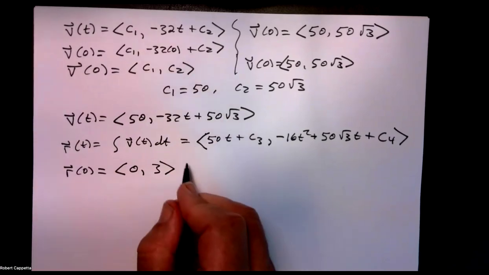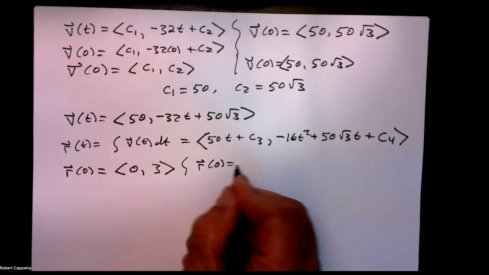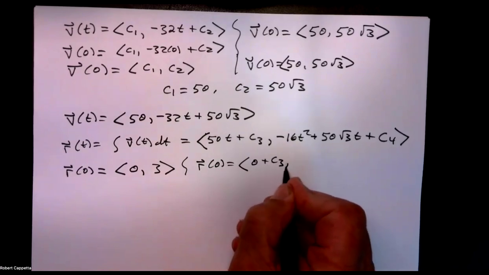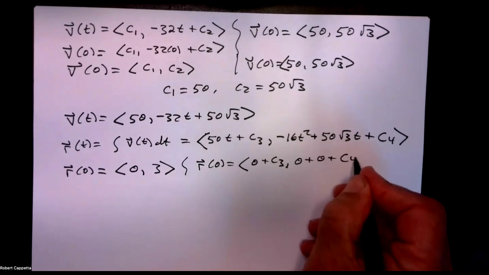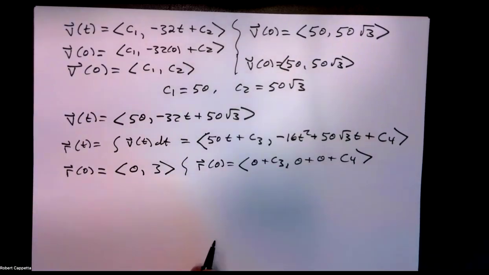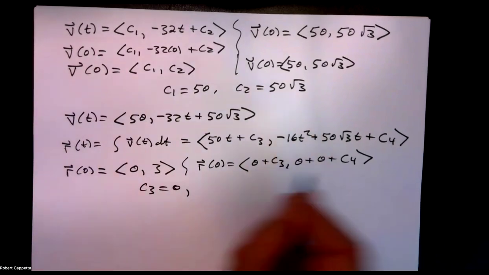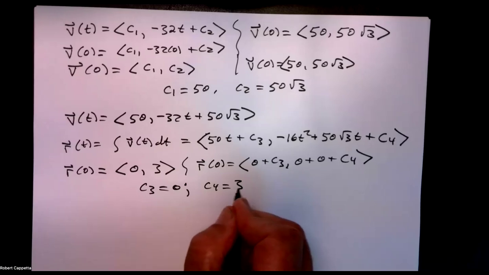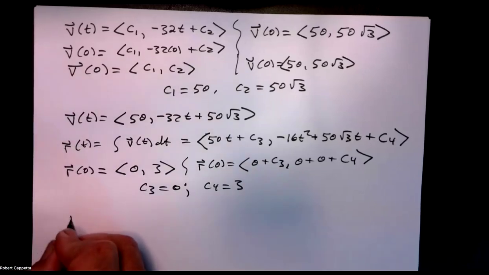Now, using R of t up there, what is R of 0? 0 plus C3, 0 plus 0 plus C4. Putting these things together, we can see C3 has to be 0, and C4 has to be equal to 3. And that gives me my position function.